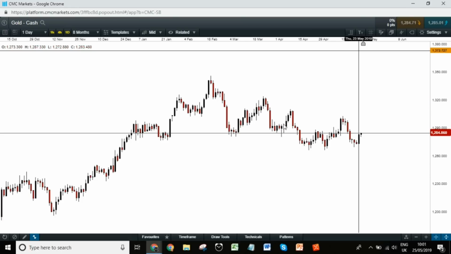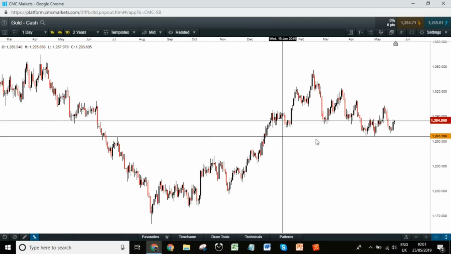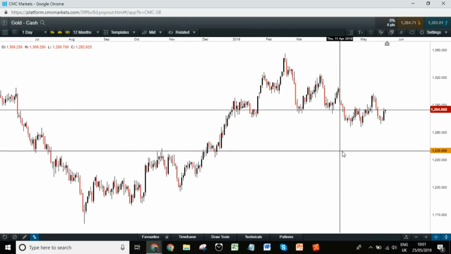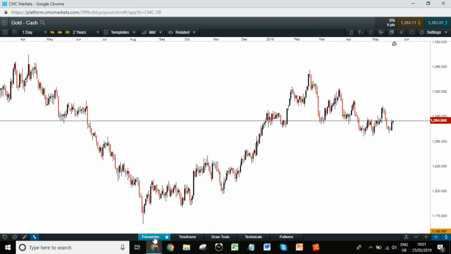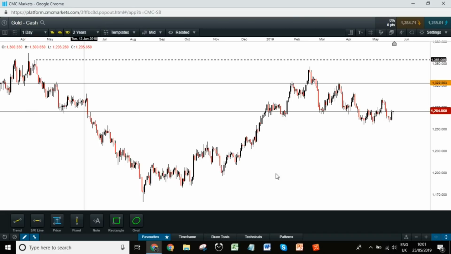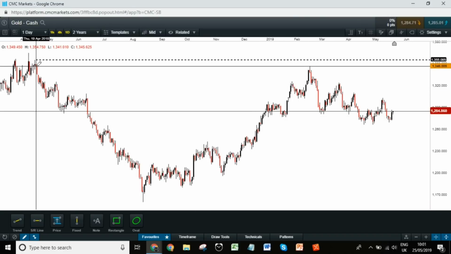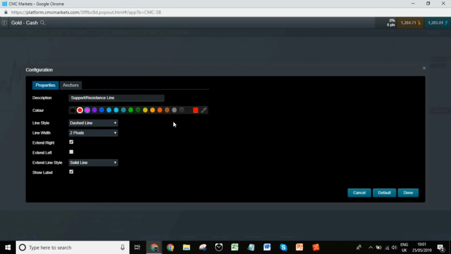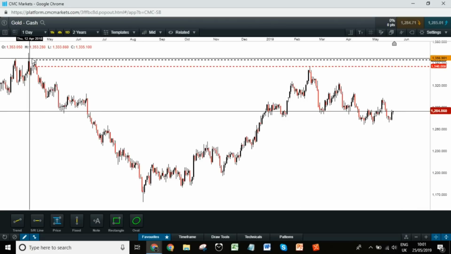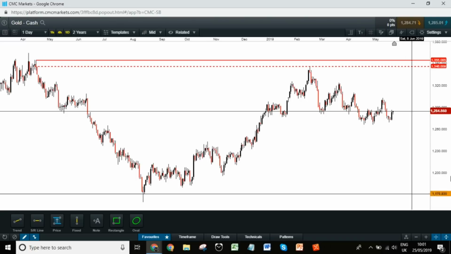Now, I've deleted all the lines previously that I had on here, but I'll put them back in now just to show you what I was looking at previously. So let's just put this in here at gold for this supply, and we have that here. Mark that as red. Let's make that solid.